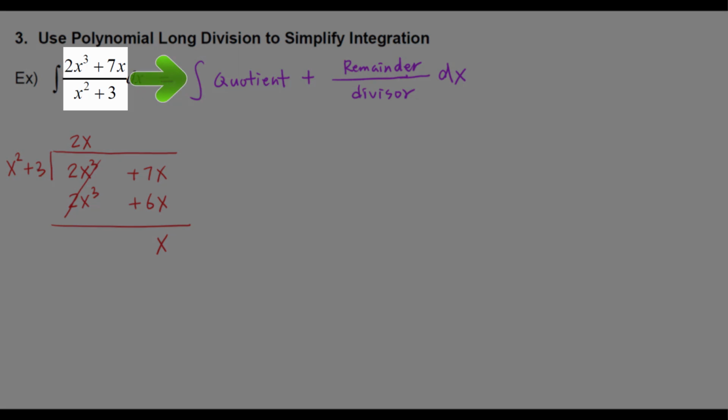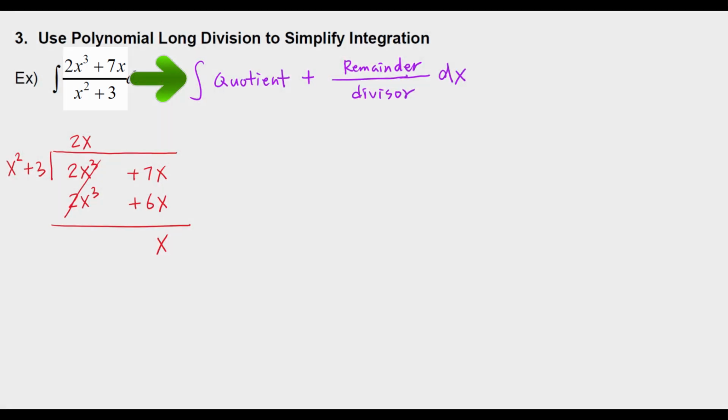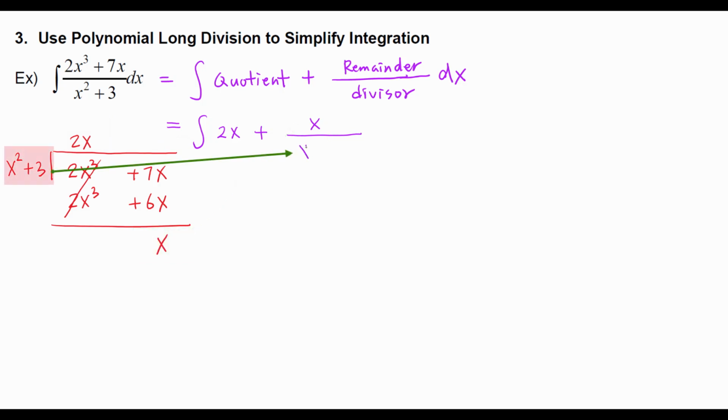So I can rewrite this as integral of quotient is 2x plus my remainder is x over my divisor was x squared plus 3 dx. What I have as an integrand now and my original integrand is the same.